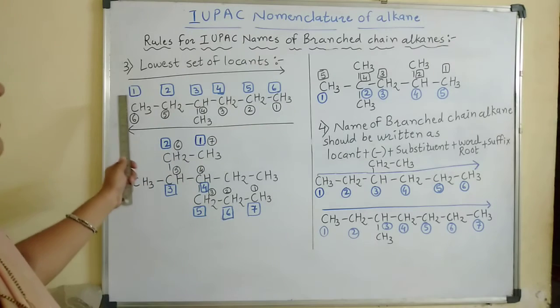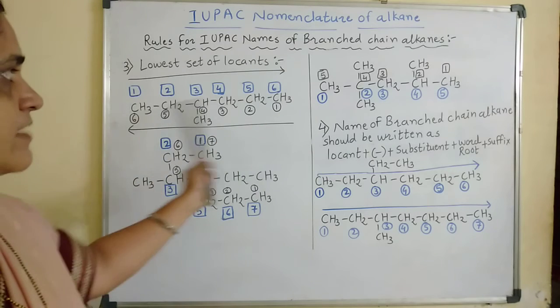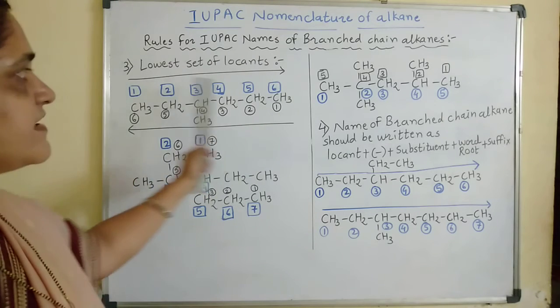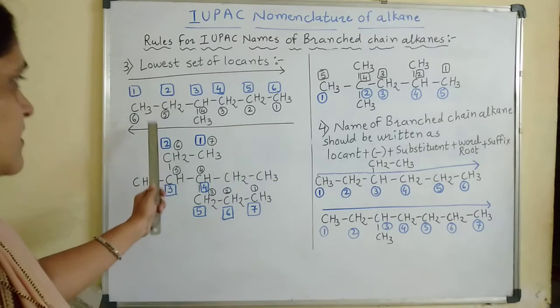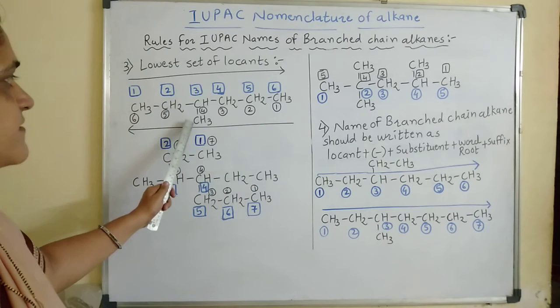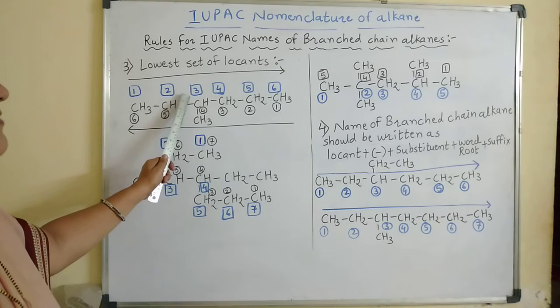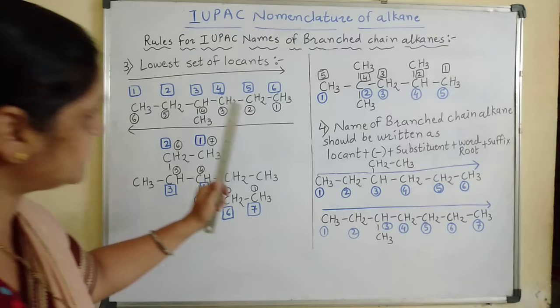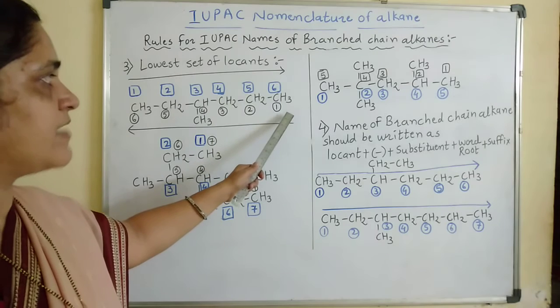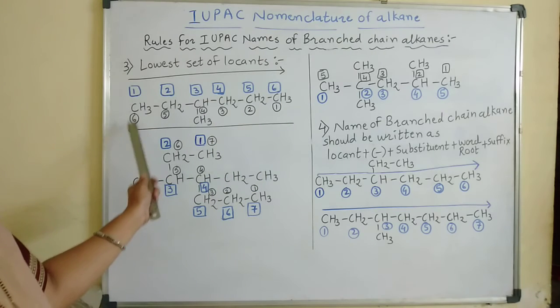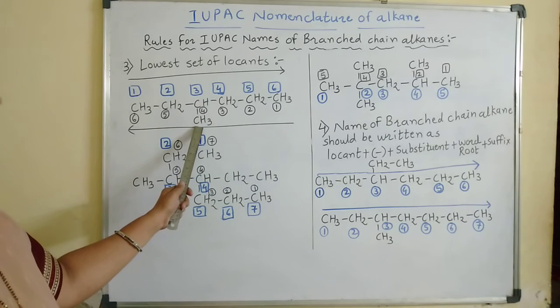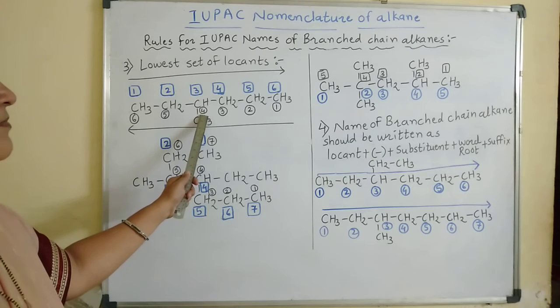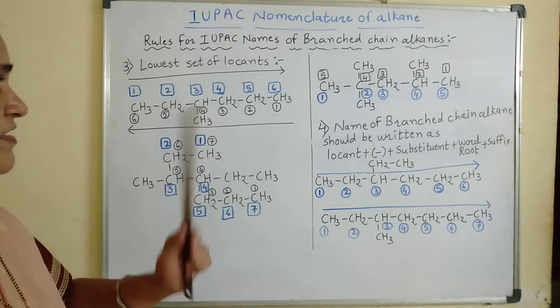Now here, if I number this carbon chain from left hand side to right hand side, the carbon carrying the substituent gets the lowest number 3. And if I number the same chain from right hand side to left hand side, then the substituent-carrying carbon gets number 4. Now which one is lower?